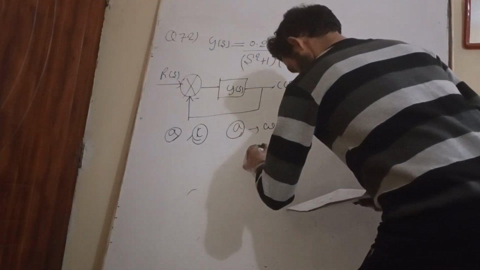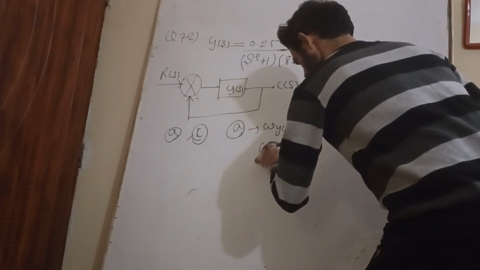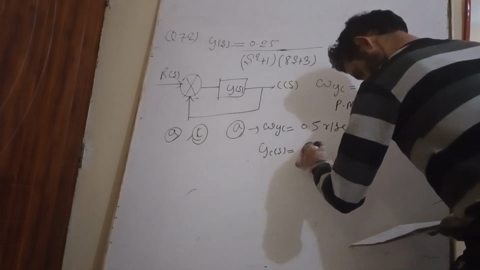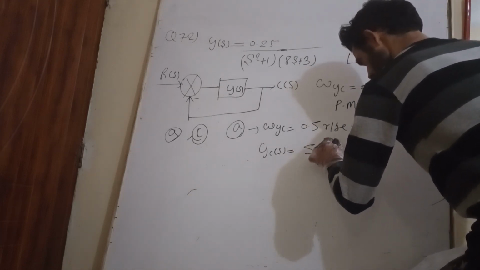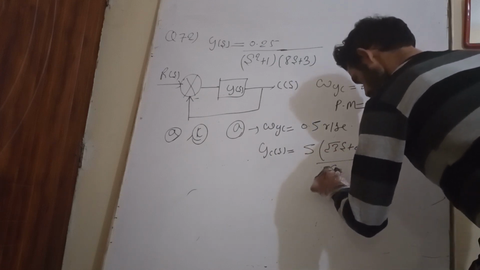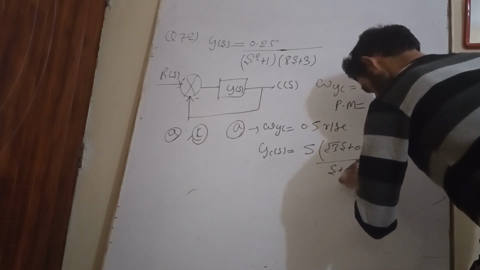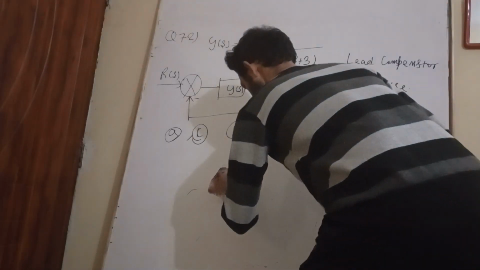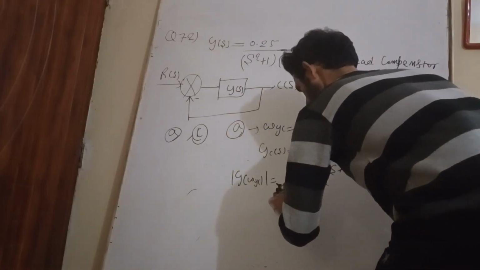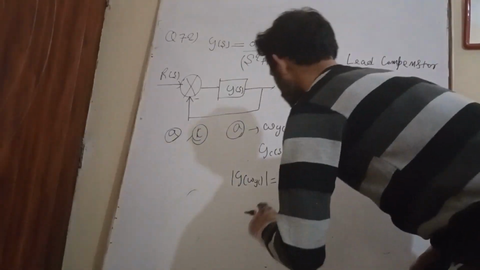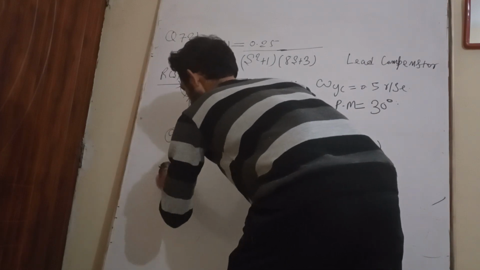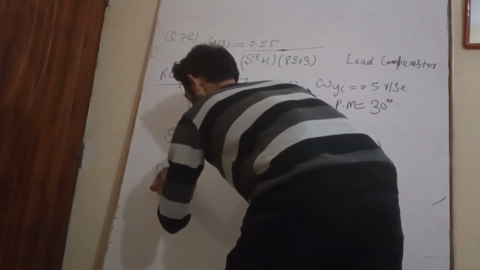For the lead compensator in option A, G of s is equal to 5 root 3 s plus 0.5 divided by s plus 0.5 root 3. The magnitude at omega gc must be equal to unity.